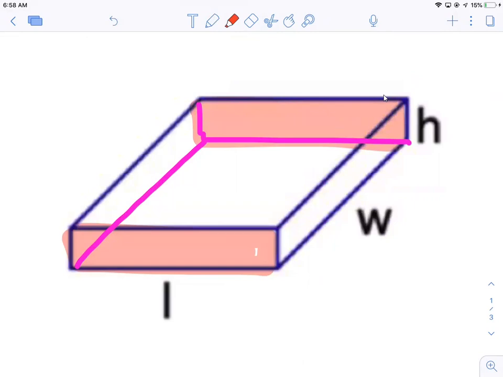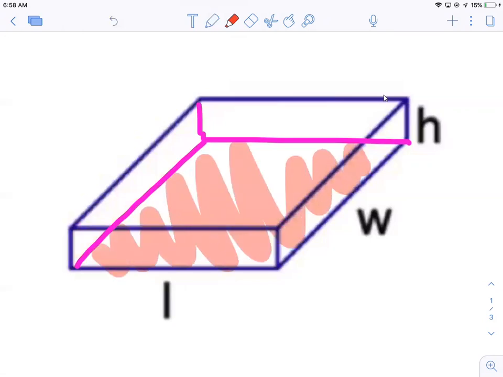Because they're congruent and they are in parallel planes, so those are definitely bases. I can also consider this and this bases, but I think what most people prefer is to consider that and this top piece the bases.